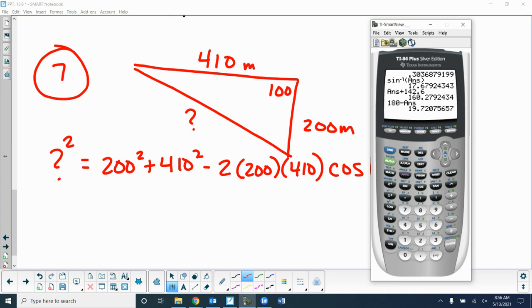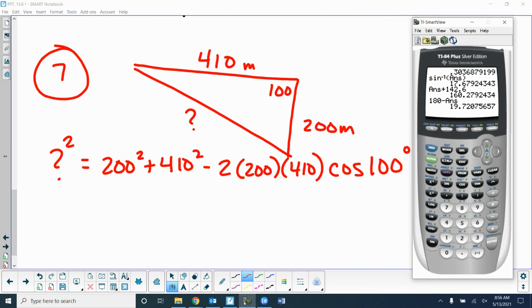We'll put it over here. 200 squared plus 410 squared minus 2 times 200 times 410 cosine of 100. Take the square root of that, remember. So 486, we'll round it to 486.